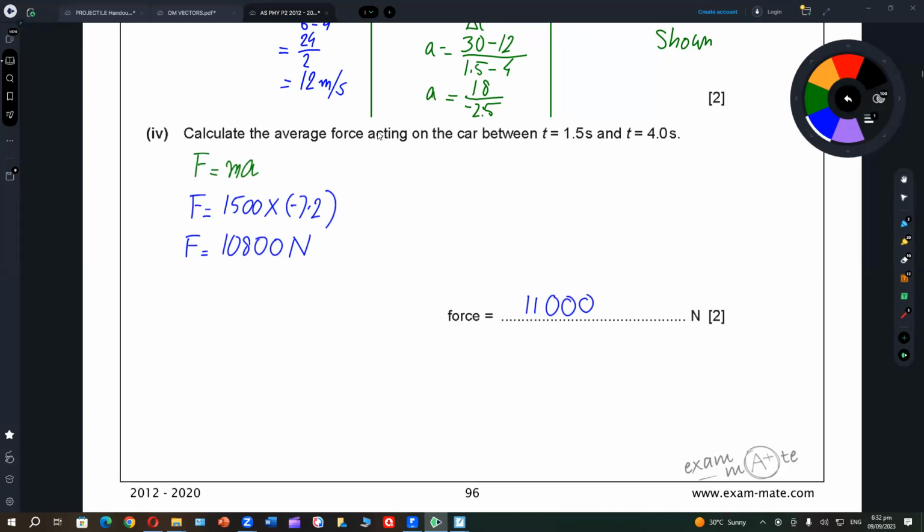Sir, it's 108,000 newtons, not 10,800 newtons, sir. Oh, is it 108 triple zero? Yeah. Achha. Can you check again, because some people are giving me 10800.